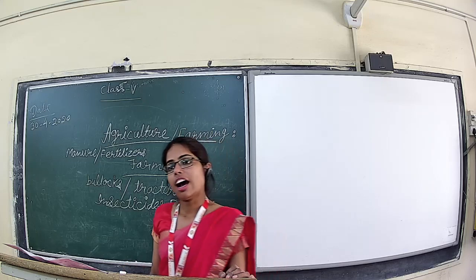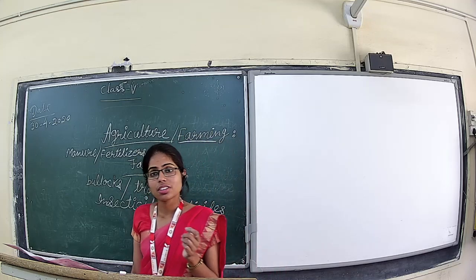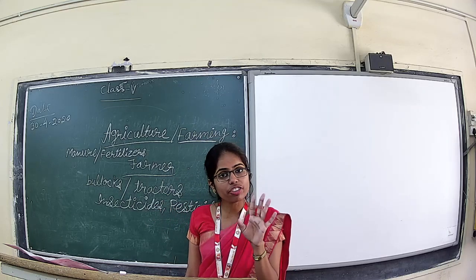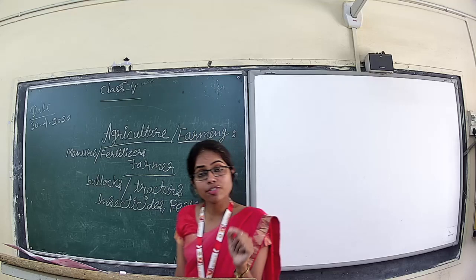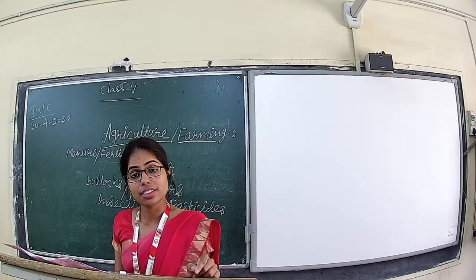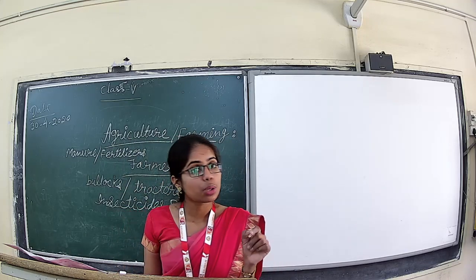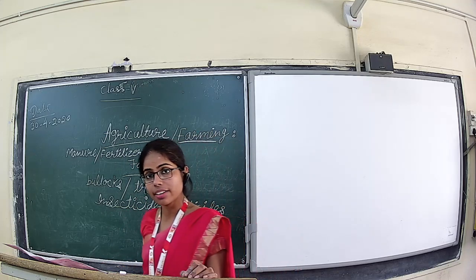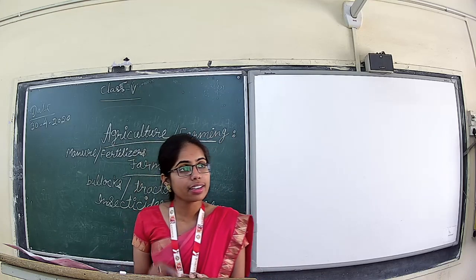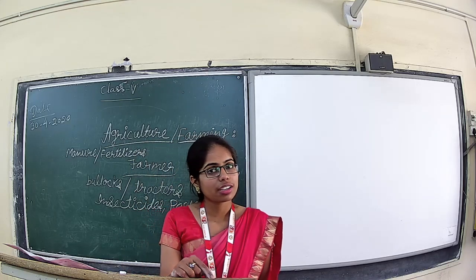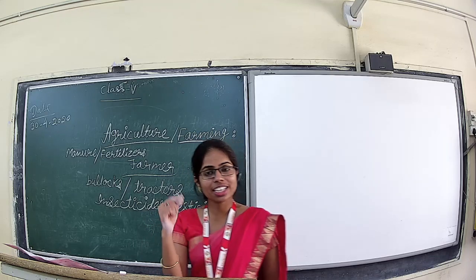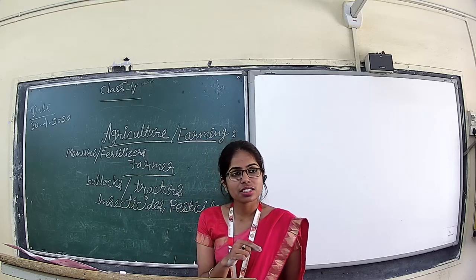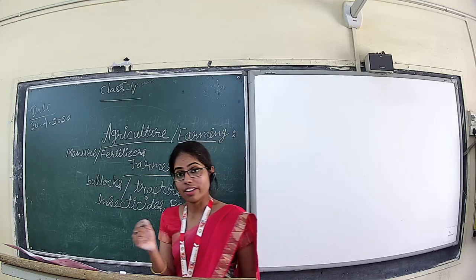And after harvesting, what do they do? Once the plant is harvested, our work is not finished. We have to store the harvested crops properly. Otherwise, again, it may get spoiled by insects, or when the rain comes, some small insects or pests will come into that seed, and it will be spoiled.